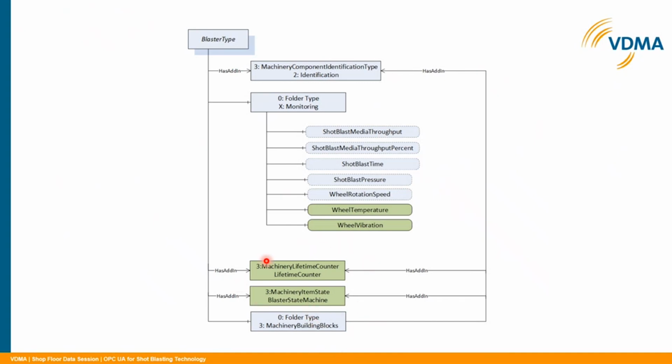As an example, I added a lifetime counter and a blaster state machine. And you can add whatever you need for your use case, as long as you are fulfilling the standardized blocks that we defined in the component specification. It's fine for the standard. So this is the insight into an exemplary component, the blaster type.